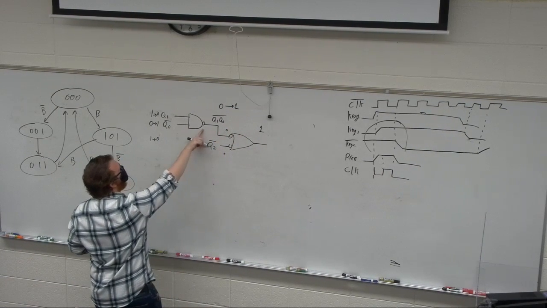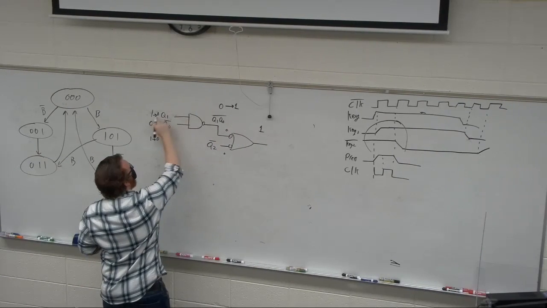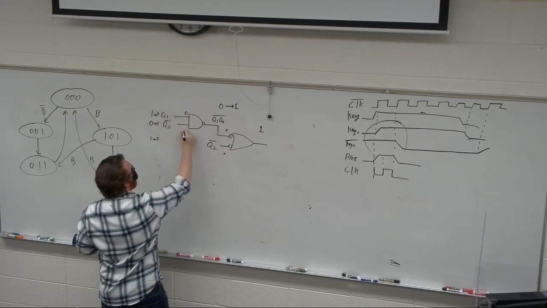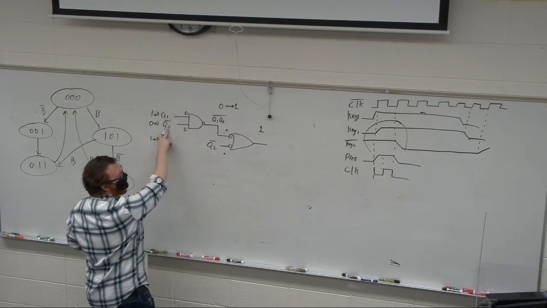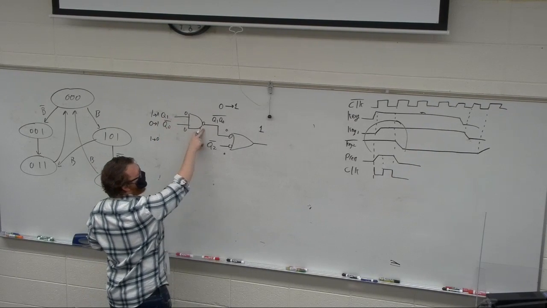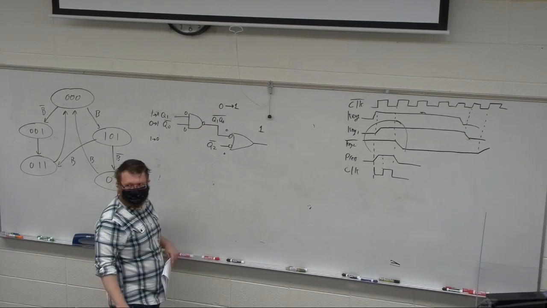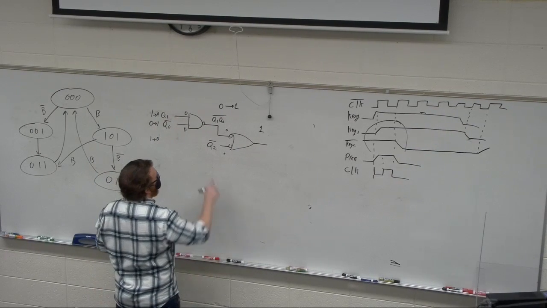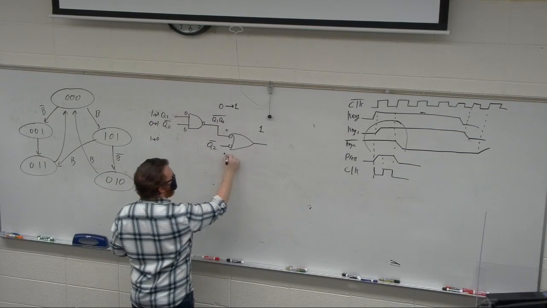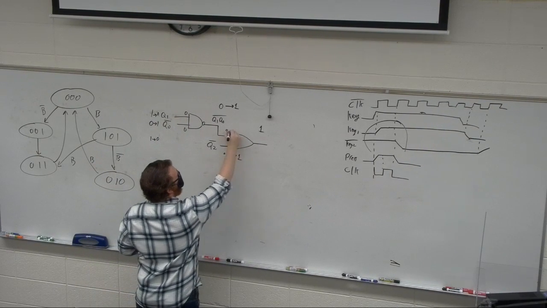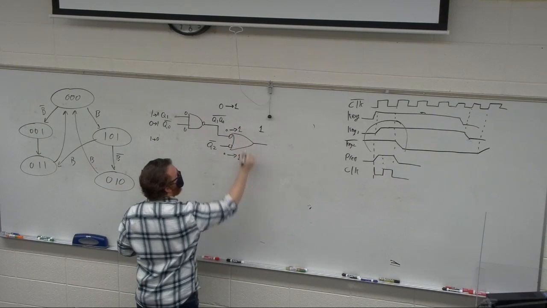Because we have a not here. So we're going to have a 0 at this input, a 0 at that input, because it's inverted. 0, 0, 1. Okay, Q2, 1 to 0, inverts, we go to 1. 0 to 1, 0 to 1.